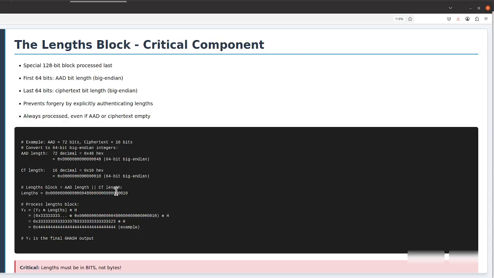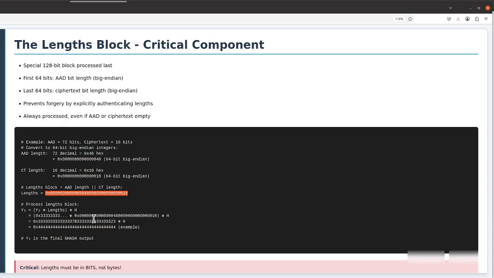Concatenating these gives the full 128-bit lengths block. This lengths block is processed just like any other block through GHASH. If your accumulator after processing all AAD and ciphertext is Y_(A+C), then you compute Y_(A+C+1) = (Y_(A+C) XOR lengths block) times H. This final multiplication incorporates the lengths into the authentication.